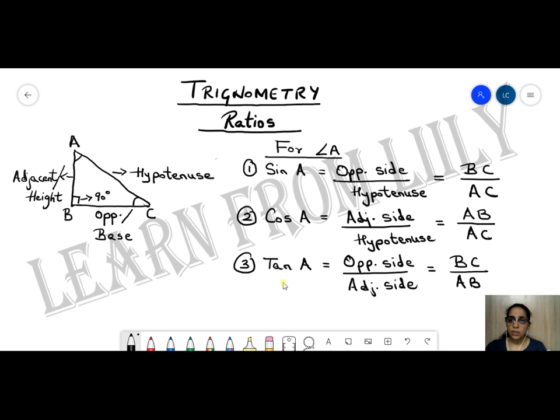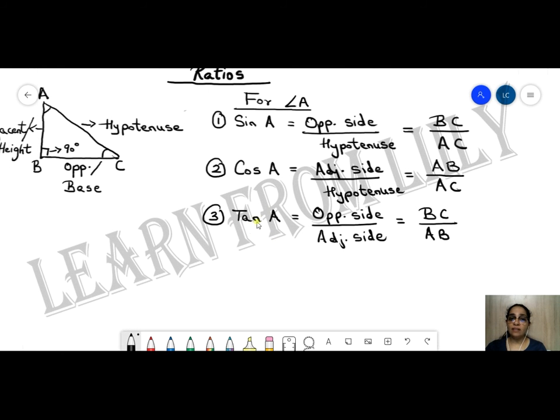Now suppose I want to define tan in terms of sine and cos, let us do a small kind of proof over here. So if I am saying tan A is opposite side upon adjacent side.